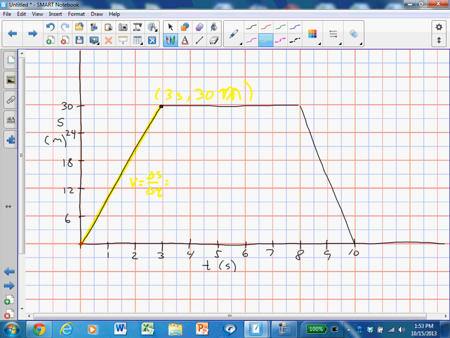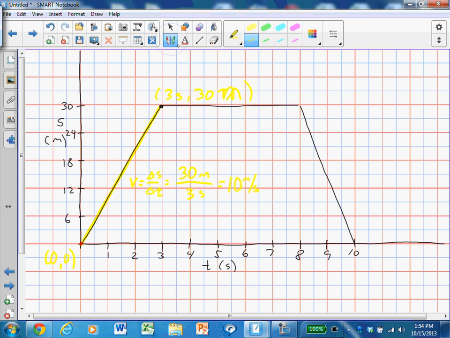And this is the point 0, 0. So it would be 30 meters minus 0 meters over 3 seconds, or 10 meters per second.